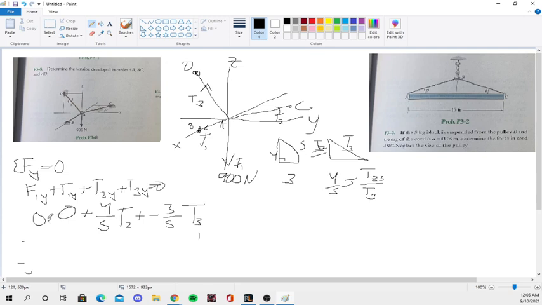And like I said, this all equals 0. But because we know that T3 equals 720, then we can just solve for T2.